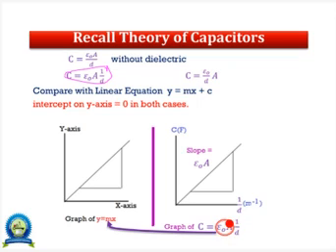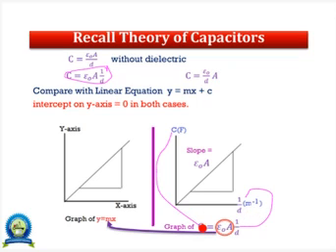It's linear because my epsilon naught A can be equal to M, which is my slope in this graph. Sorry, I have my C on my y-axis, and I have my 1 over D on my x-axis.